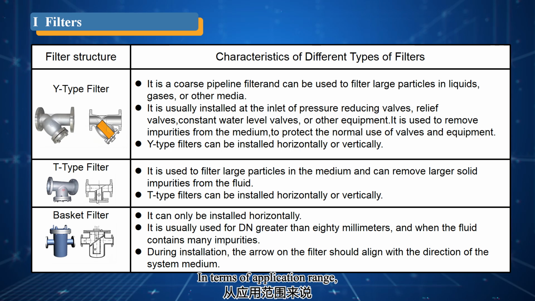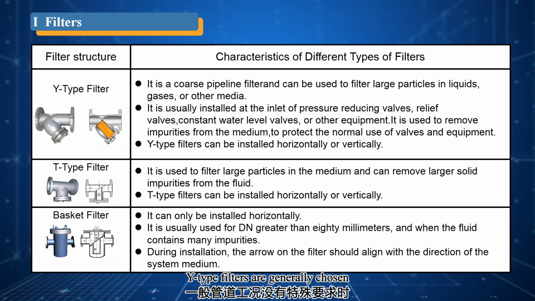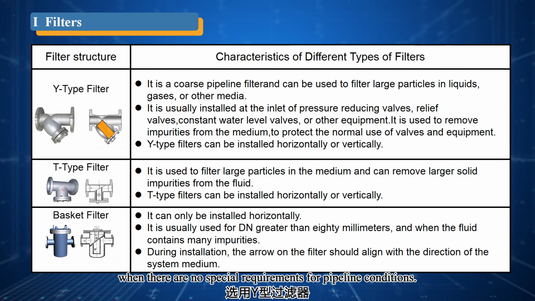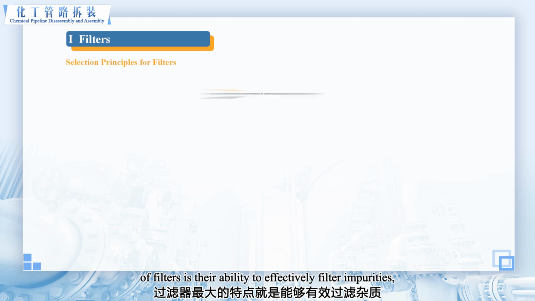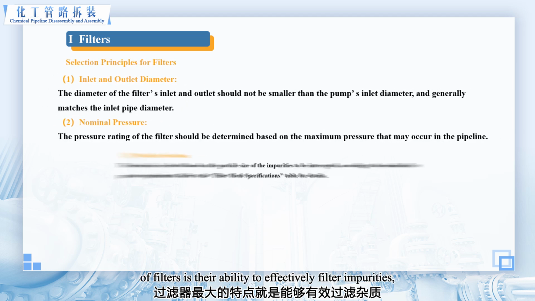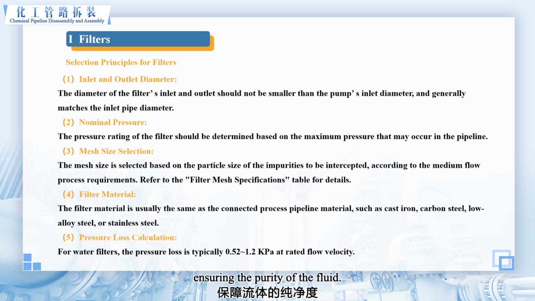In terms of application range, Y-type filters have a simple structure, are low cost, and are widely used. Y-type filters are generally chosen when there are no special requirements for pipeline conditions. The biggest feature of filters is their ability to effectively filter impurities, ensuring the purity of the fluid.